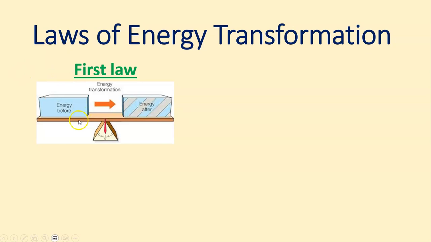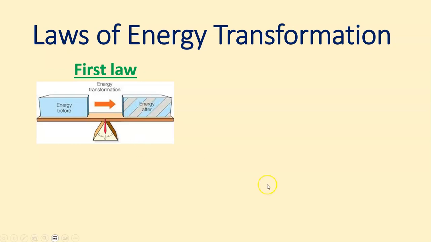As shown here in the illustration, there are two boxes of energy on a scale, and it's perfectly balanced, where the amount of energy before and after an energy transformation is the same. But you might notice that the box containing the energy after the reaction looks different. The type of energy is not the same as the energy that started.